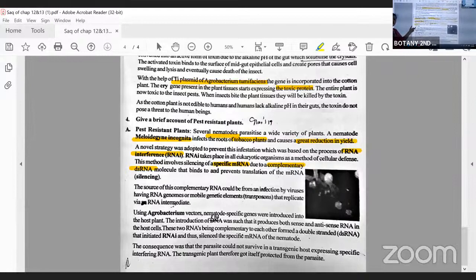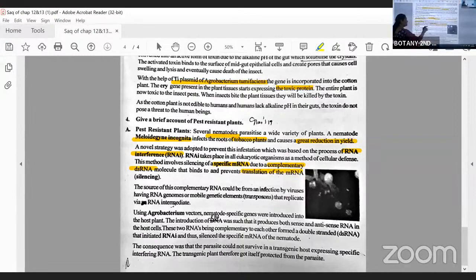This RNA makes the RNA into the double-stranded RNA. So with this, it is silencing the activity of the specific mRNA for a period of time. So that binds to and prevents the translation of the mRNA.